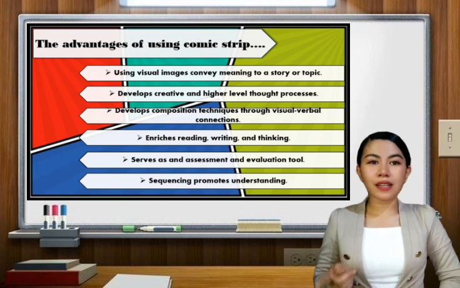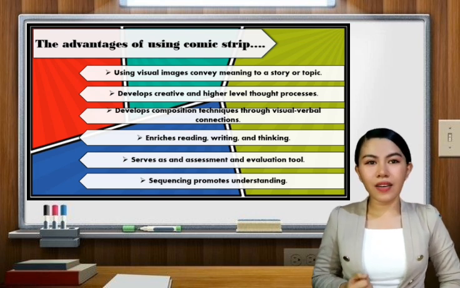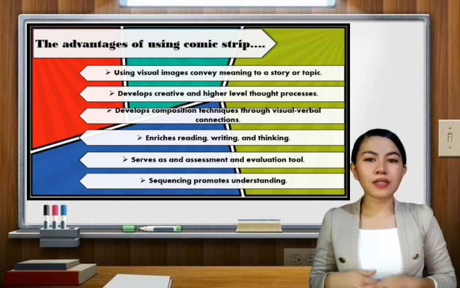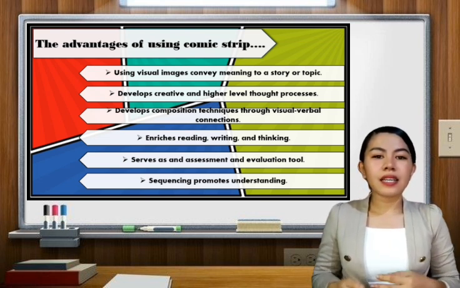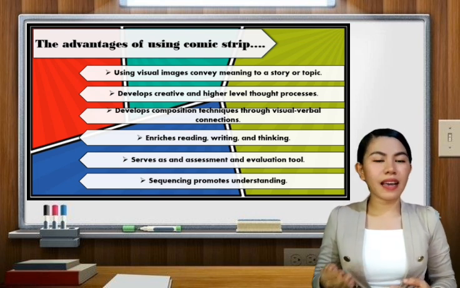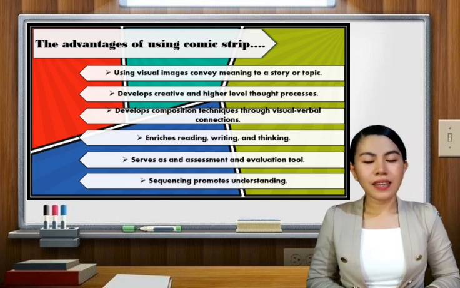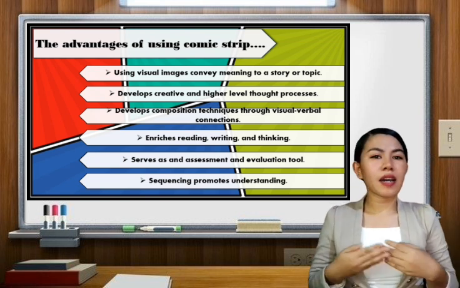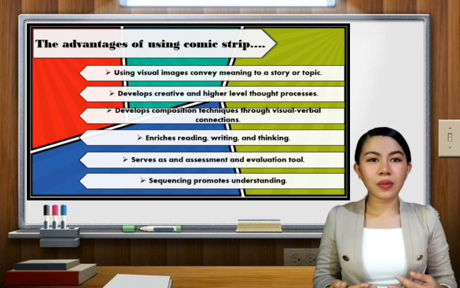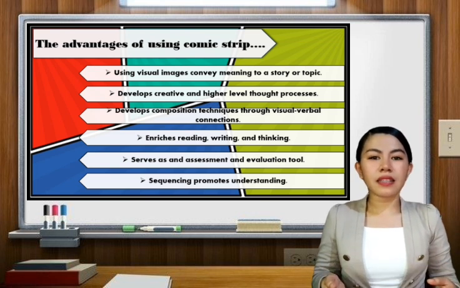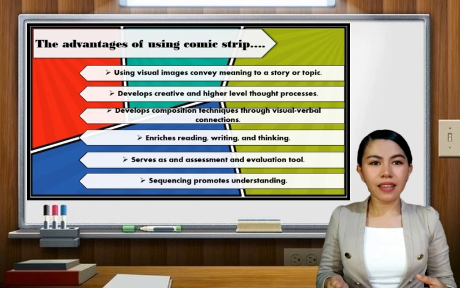Comic strip also enriches reading, writing, and thinking of every student. Comic strip also serves as an assessment and an evaluation tool, like I have said a while ago. And then lastly, comic strip is an assessment tool that promotes sequencing of events that promote understanding.